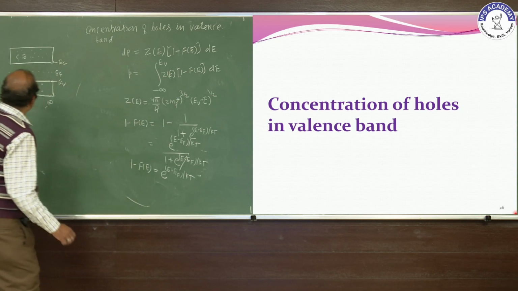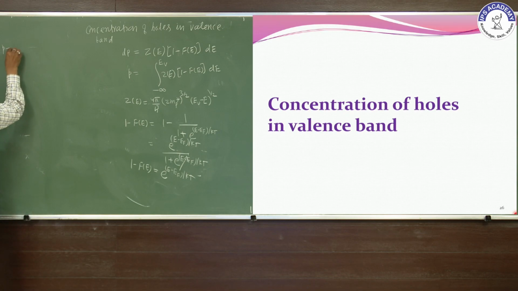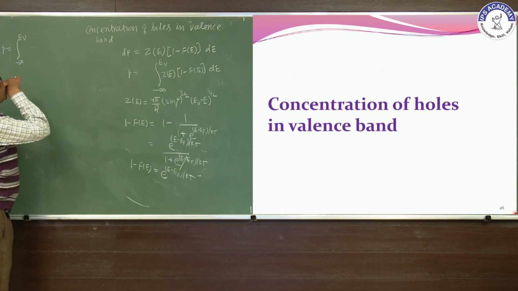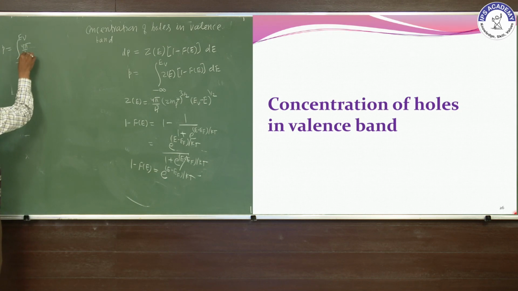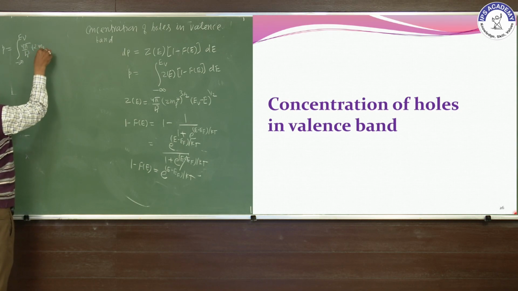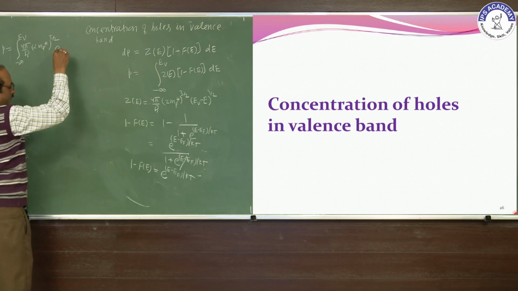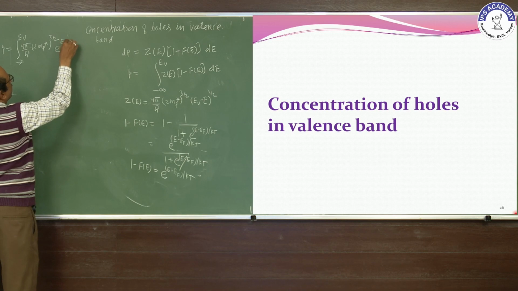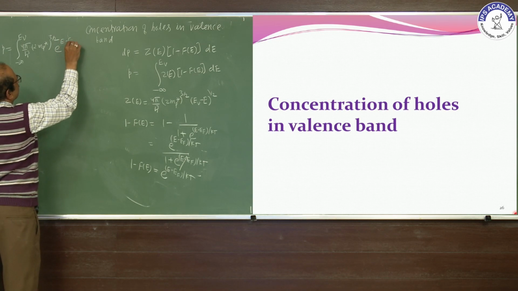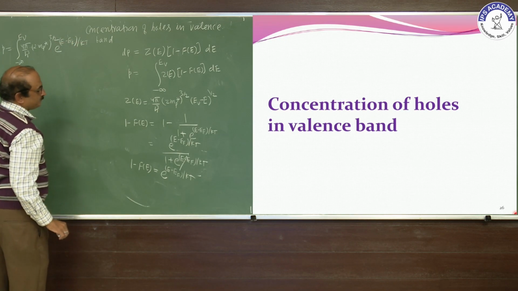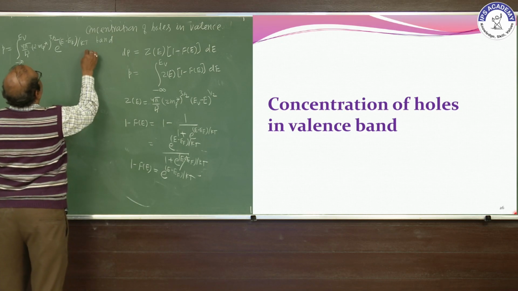That would convert to the integral from minus infinity to EV of 4 pi upon h cube, 2 mp star whole to the power 3 by 2, and e to the power (E minus EF) by KT into dE.